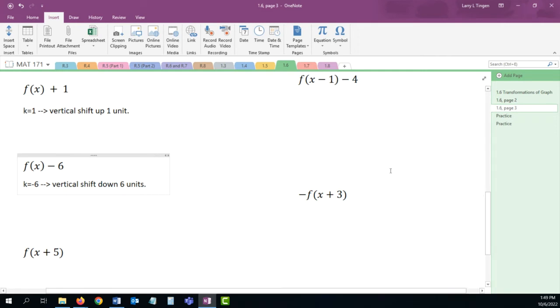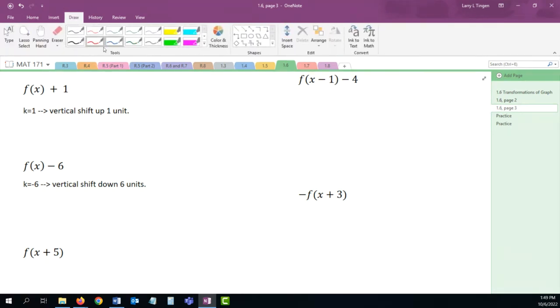Let me show you what it looks like if I just do the base point. The point for the first one that I started with, my original vertex, is (2, 1). And then I said k is 1. So what does that do? That changes the y value by 1 unit.